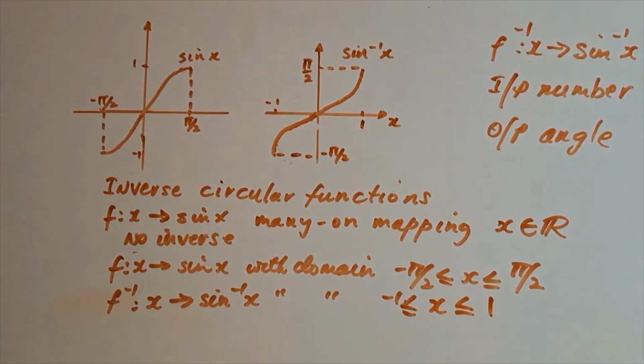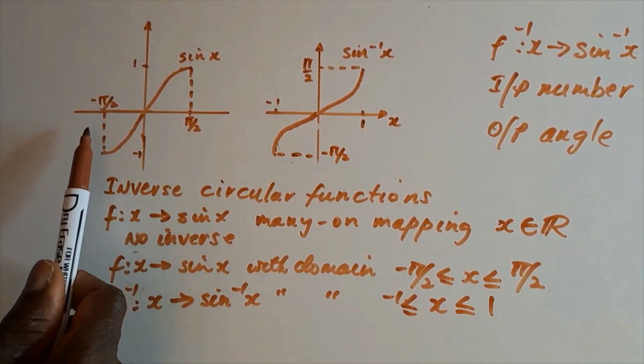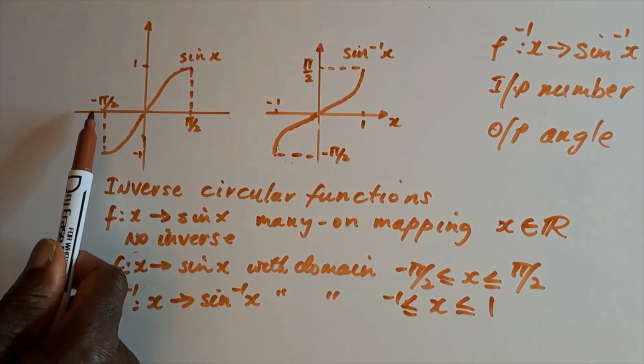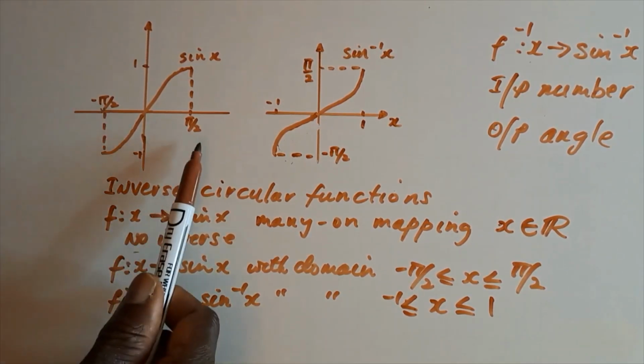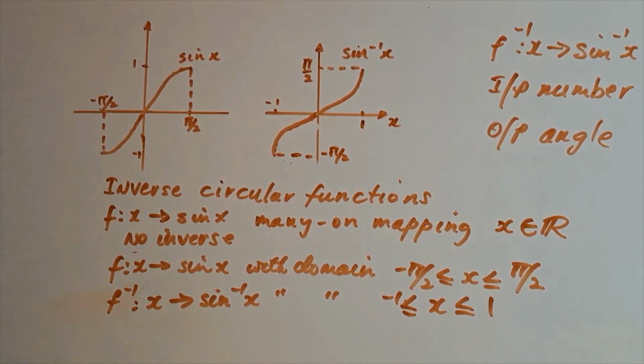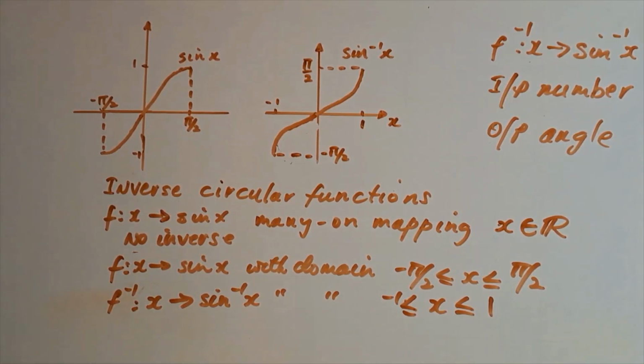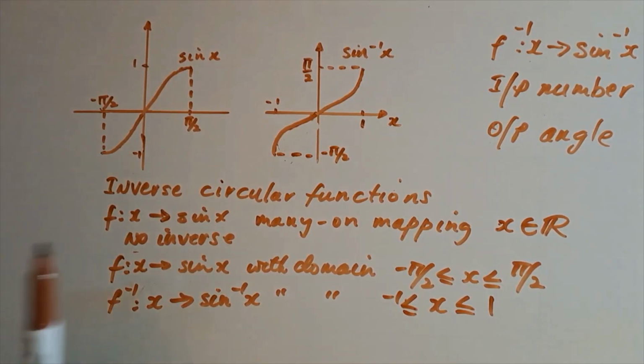As we can see above here in the graph, we've chosen to restrict our domain between minus pi over 2 to pi over 2, and in this case we have a function, we have a unique mapping of the independent variable to a dependent variable, and in the inverse, the dependent variable to the independent variable.